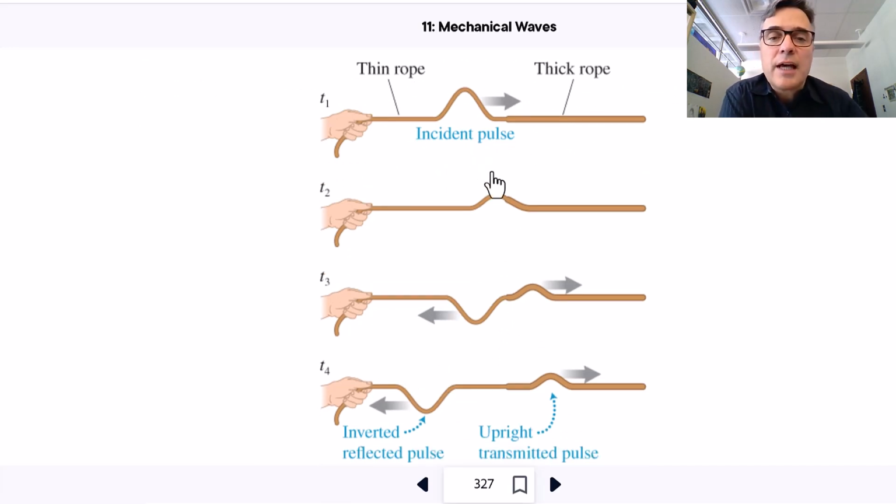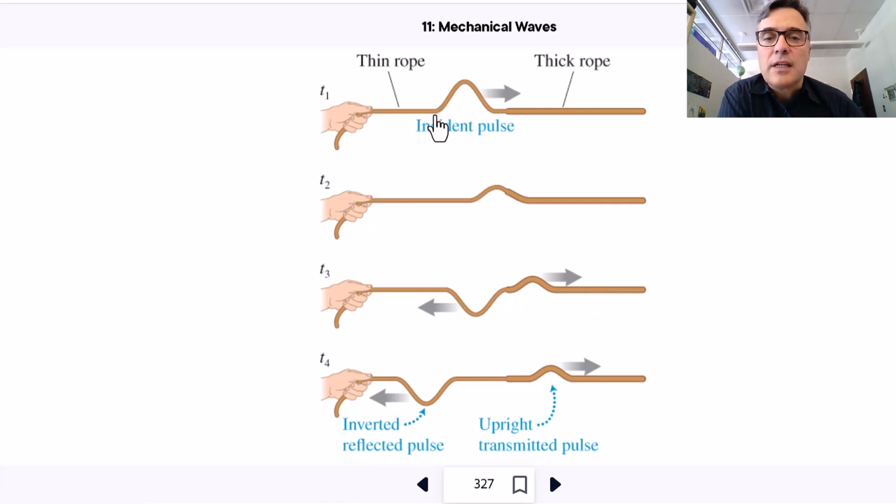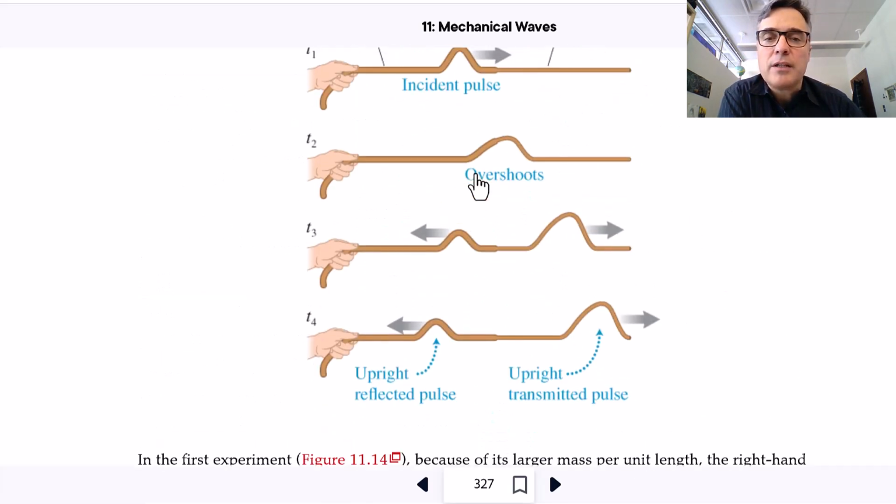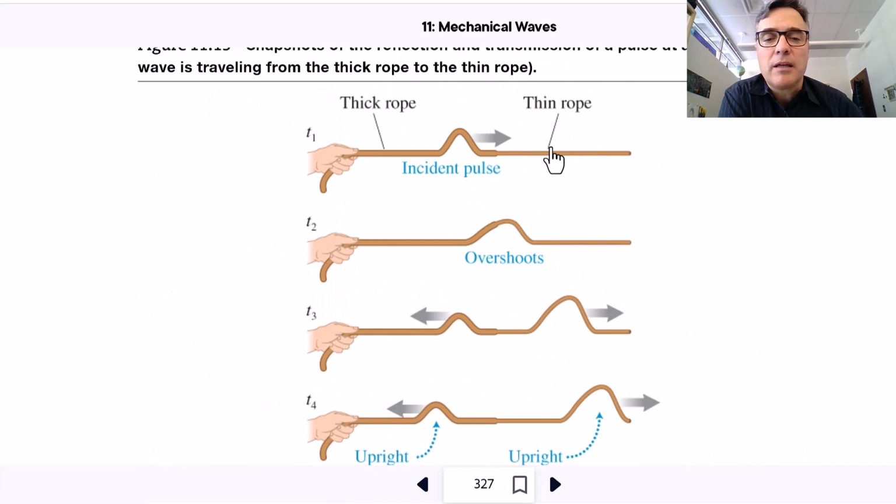The difference here is that with the thick rope, higher impedance, slower medium, you also get a transmitted wave. So there are actually 3 waves. There's the incident wave, the first one, and then it splits into the reflected and the transmitted. The same thing happens when you go to a lower impedance medium with a higher speed, a thick rope to a thin rope.